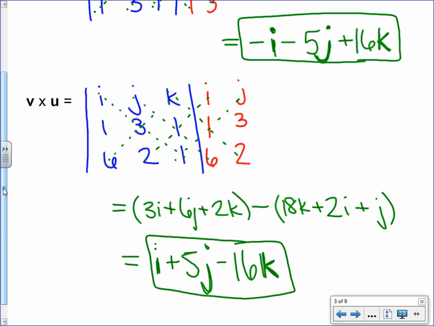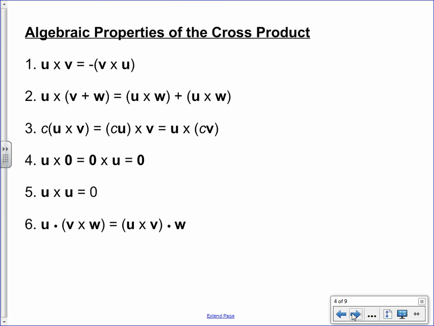So I want to go through a few properties. You don't have to write these down. They are in your book. We can just talk about them. You may want to write down that U cross V equals negative V cross U. That may be beneficial for you. Now these other ones, we talk about similar properties every time we talk about vectors.